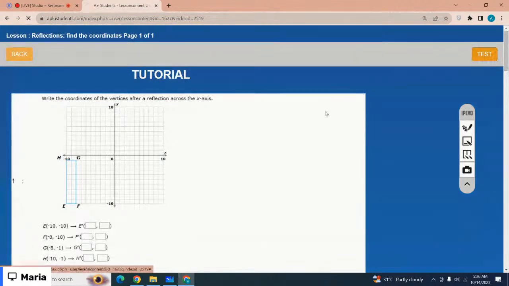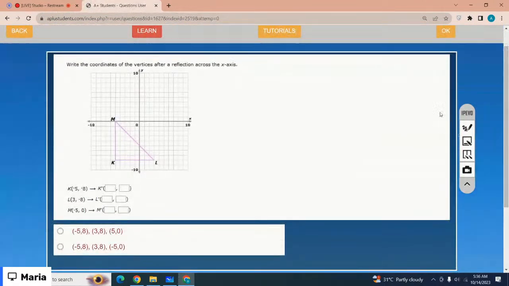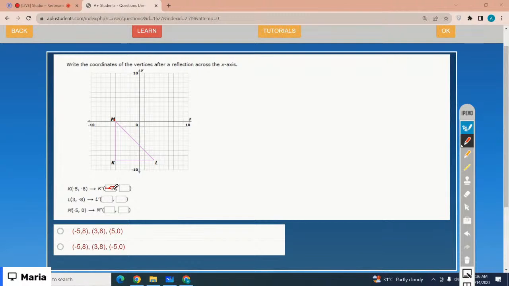Let's just see test questions. Okay, coordinate. Write the coordinate of the vertices after a reflection across the x-axis. You have to reflect across the x-axis, right? X coordinates are exactly same. Negative 5, 3 and negative 5.